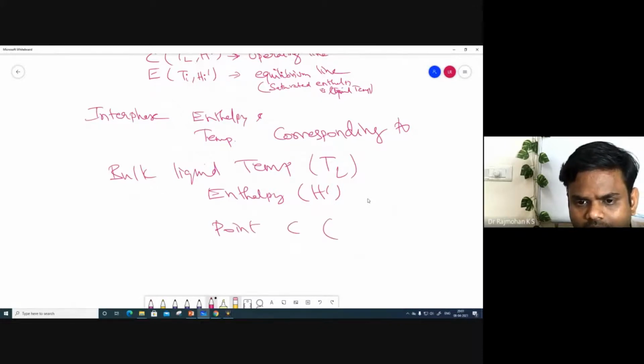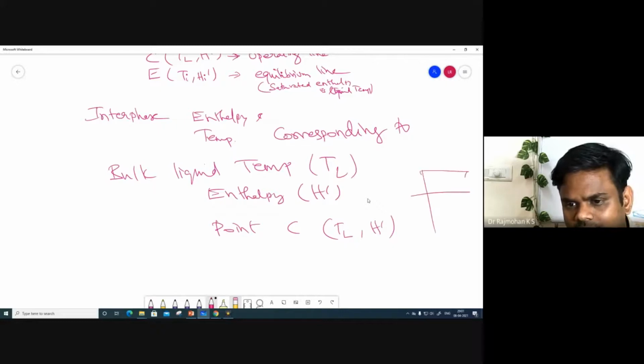That is point C. I told you that it is (TL, H'). It is the enthalpy of the air at any point in the cross section. At any point, what is the liquid temperature and what is the H' value, the enthalpy of the air.